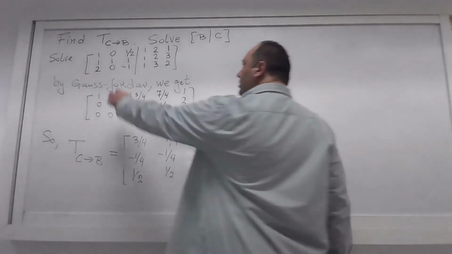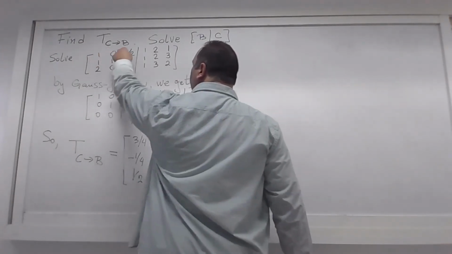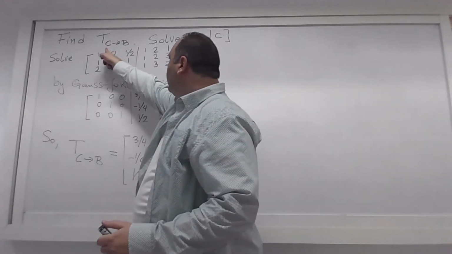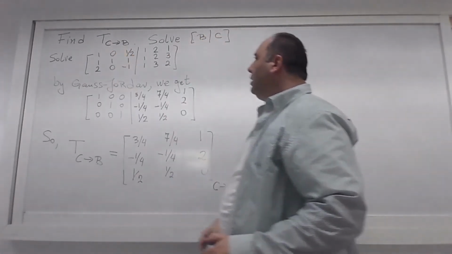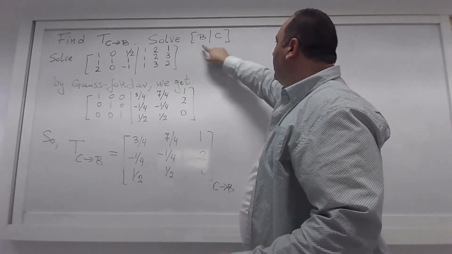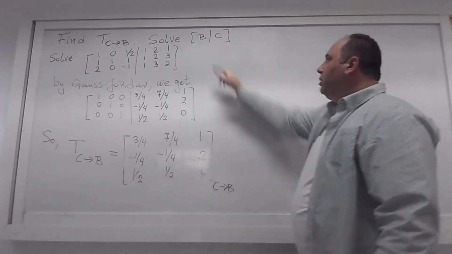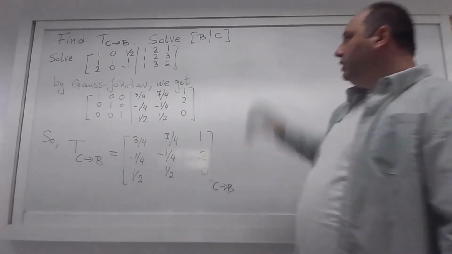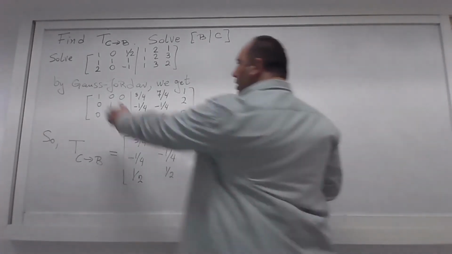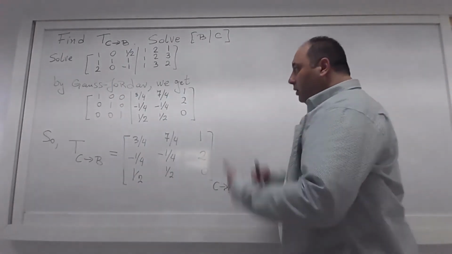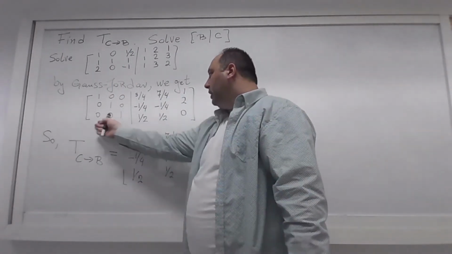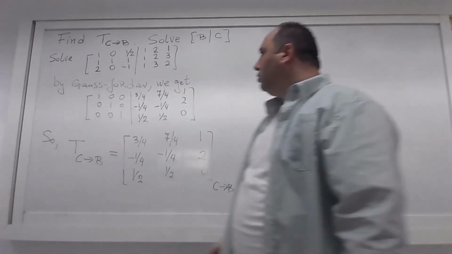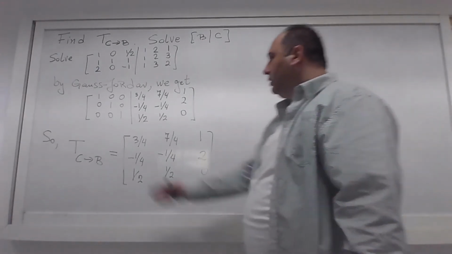So to find the transition matrix from basis C to basis B, I need to express every vector in basis C as a linear combination of vectors from basis B. So basically I need to solve something like B slash C. So vectors from B are in the matrix and vectors from C are on the right side. Again, I use Gauss-Jordan with elementary operations. After computation, I know I'm going to get identity on the left side because these three vectors are linearly independent, so the reduced echelon form will be identity, that's obvious.